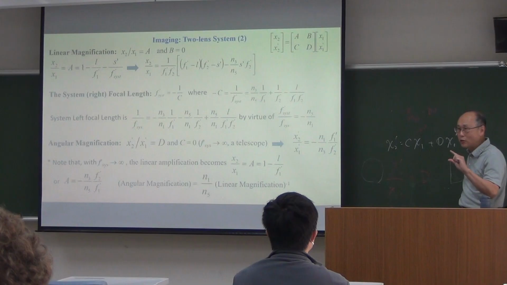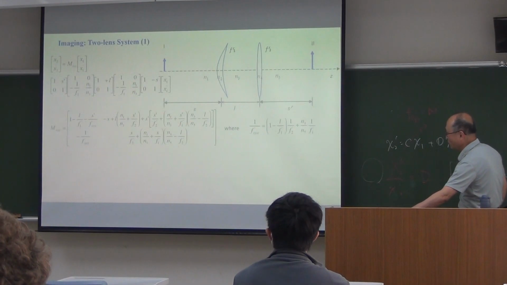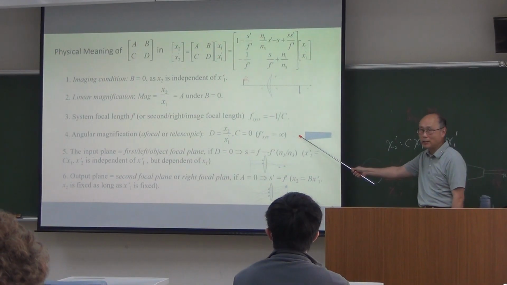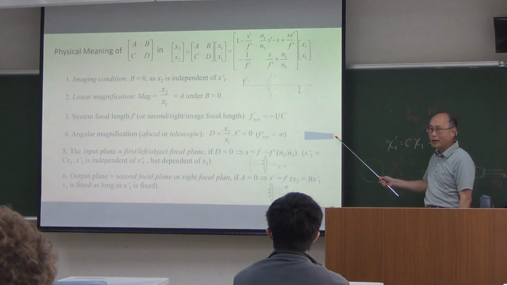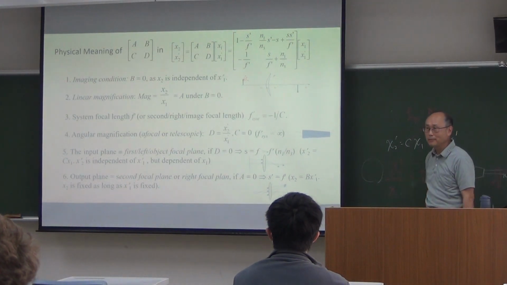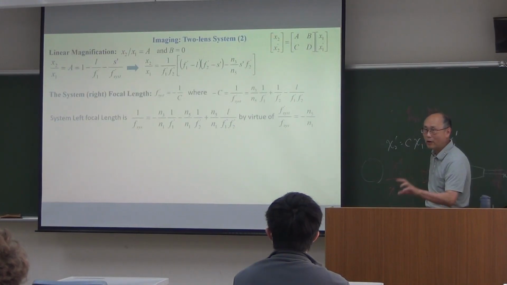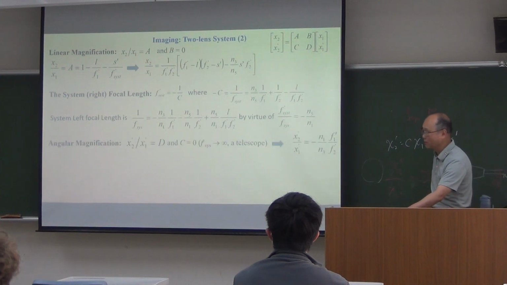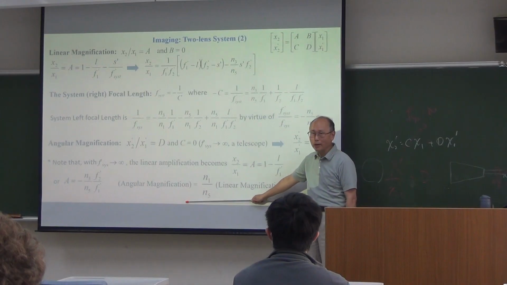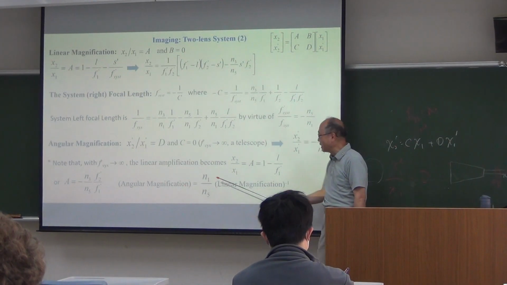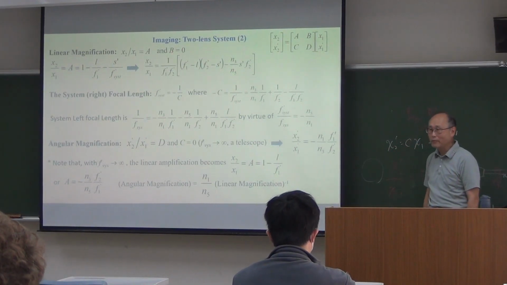So the linear magnification is very small, but the angular magnification can be huge. A small change on this angle gives you a big change at your output. And a microscope is just the opposite. Microscope and telescope are conjugate optical systems, and this calculation tells you why, because the angular magnification is the inverse of the linear magnification for an optical system.